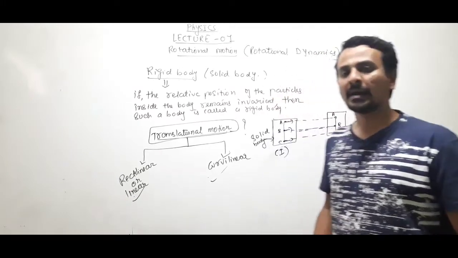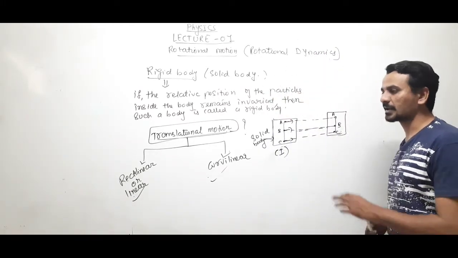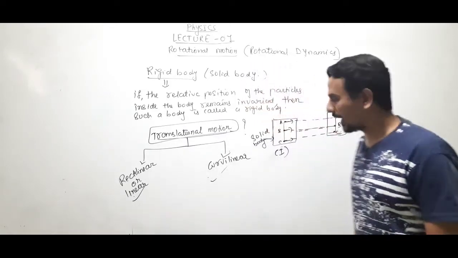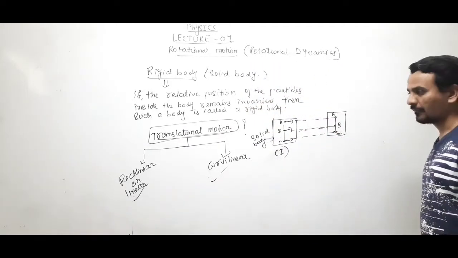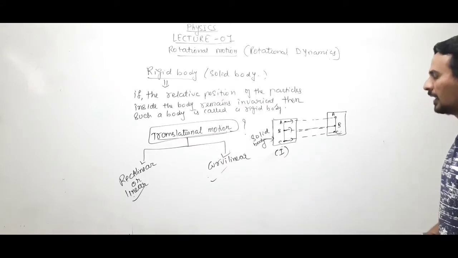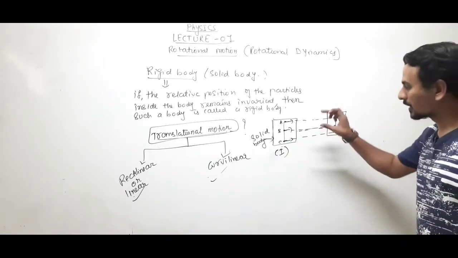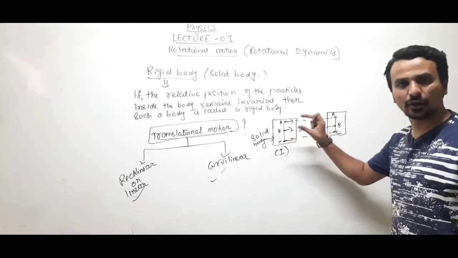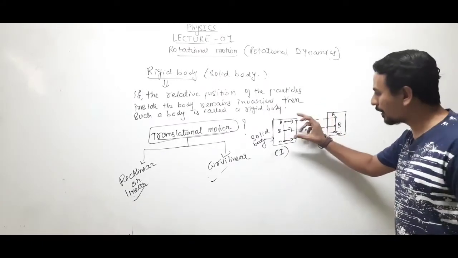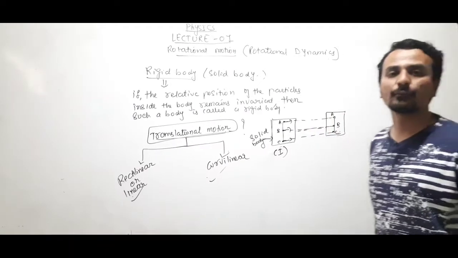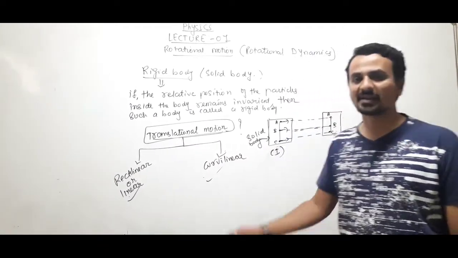Once again, translation motion is classified into two, rectilinear or linear and curvilinear. First of all, what is translation motion? If the particles inside the solid body perform the motion remaining parallel to each other, then this kind of motion is known as translation motion.